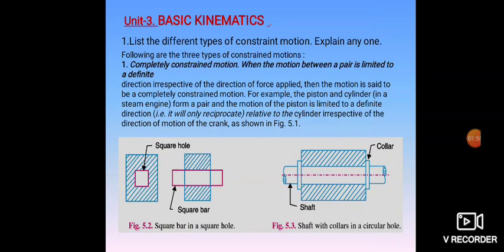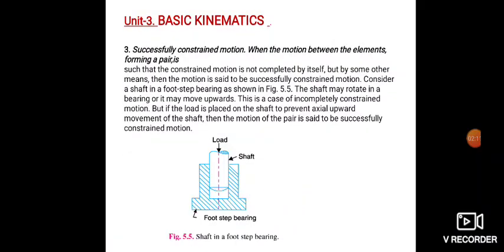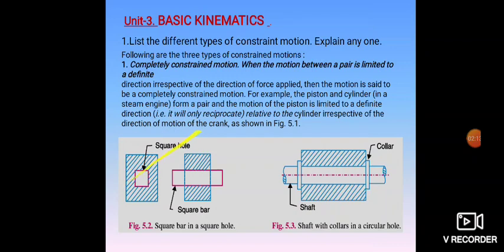It is limited to a definite direction relative to the cylinder, irrespective of the direction of the motion of the crank. It is shown in figure 5.1. So this is a completely constrained motion.